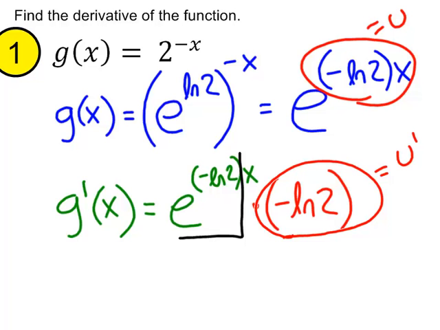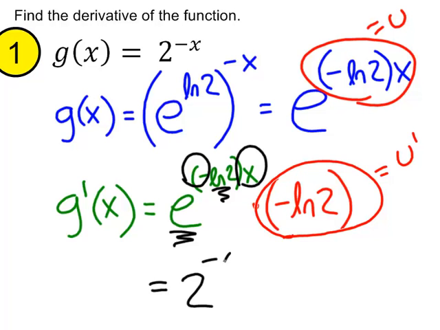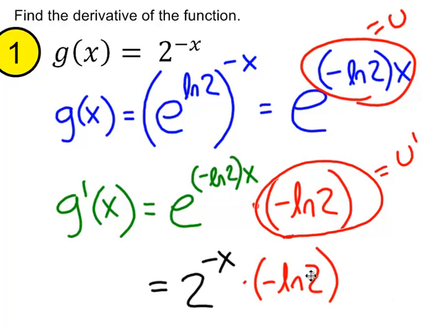So looking at this expression right here, or really more specifically, looking just at the e and the ln 2, ignoring the negative sign in the exponent, the e and the ln 2 are going to give us 2, again, back what we started with, and we'll still have that negative sign and that x up in the exponent. And we'll still have the negative ln 2 out by the side. And it's actually customary to put the constant out in front, so let's switch the order here.